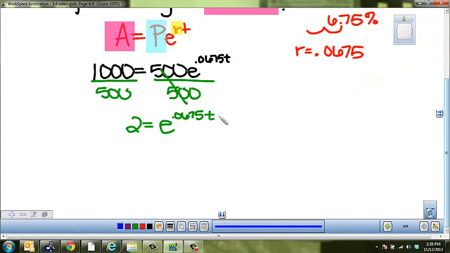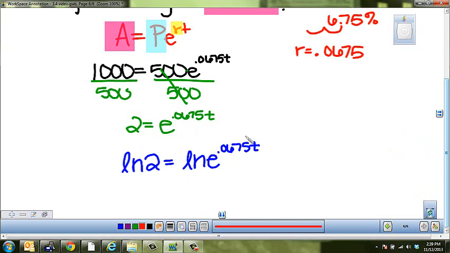To use the power property to bring your exponent down in front of your term as a coefficient, you have to have a log or a natural log. In this case, we're dealing with e, so we definitely want to use natural log. What you do to one side, you have to do to the other. So if I want a natural log on the right, I have to take the natural log of the left.